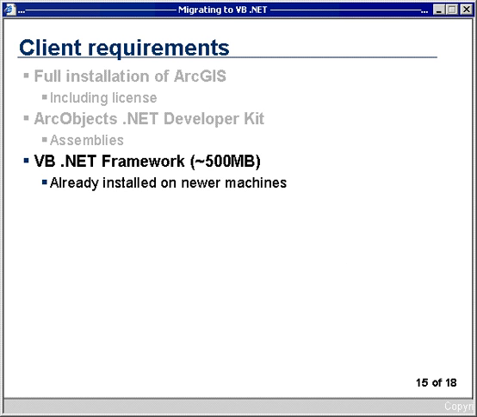The client machines will also need the .NET framework. Newer Windows machines already have this framework installed, and you just need to be aware of the versions. The version of the framework on the client machines must match or be newer than the version of the framework on your development machine.